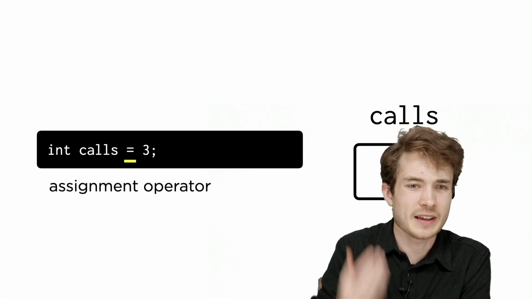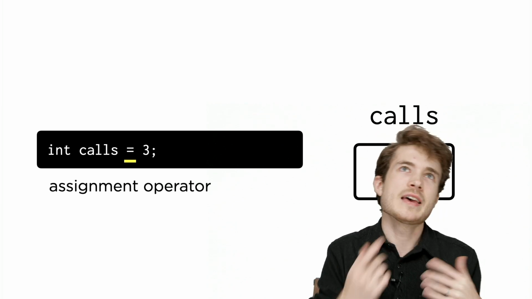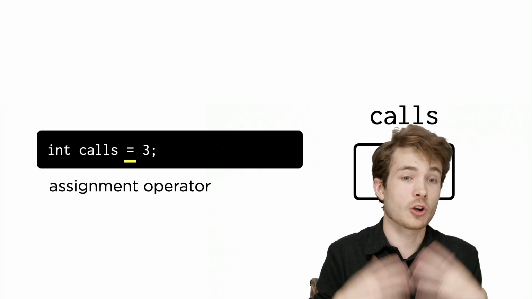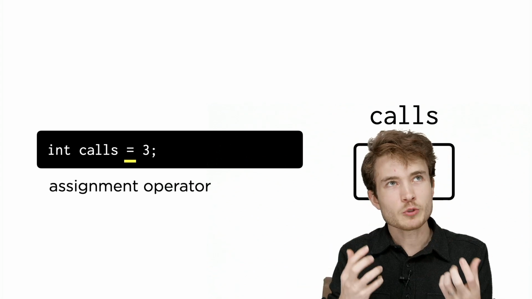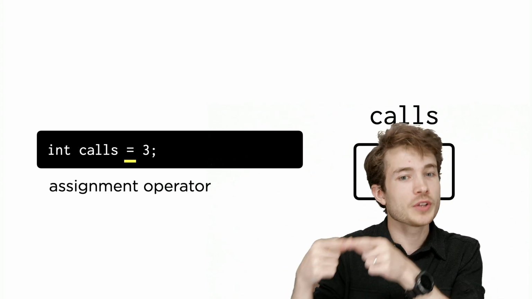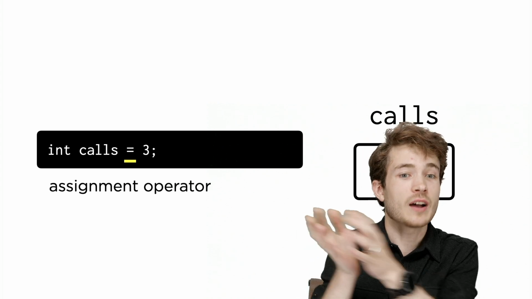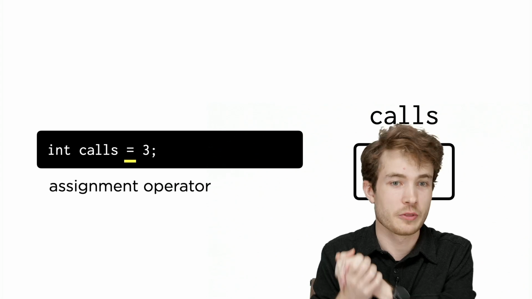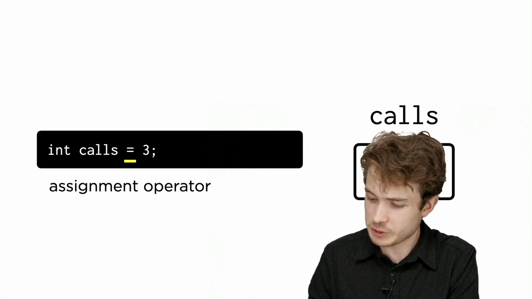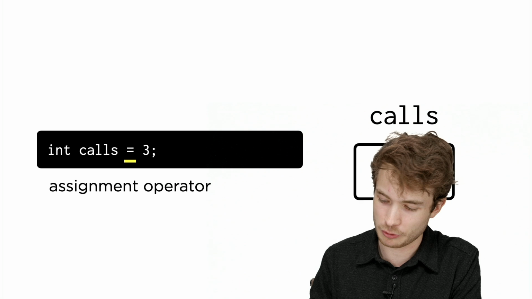This is our assignment operator. We're not so much saying that this value, this calls here, is equal to 3, as much as we're saying we've created some container and called it calls, and we're going to assign the value of that container to be equal to 3. So difference between equals and the assignment operator here.